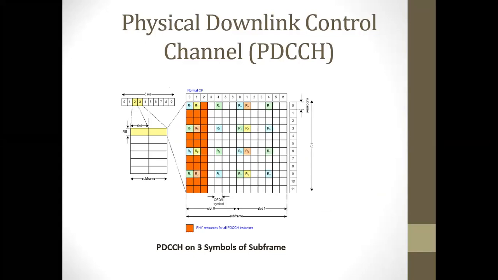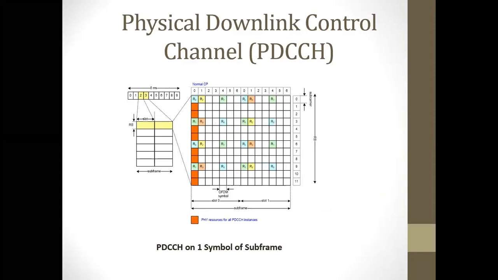This is why the control region size has been made variable, because once the control region is over, the rest you can use for real data.